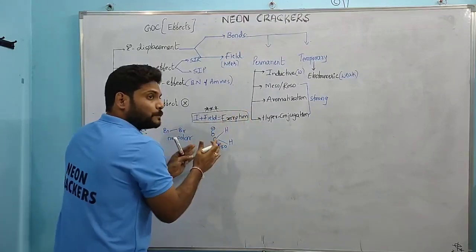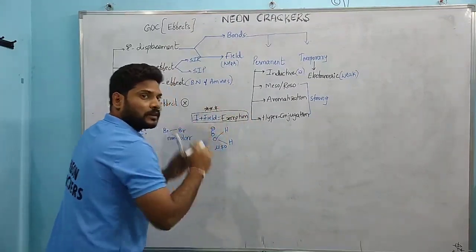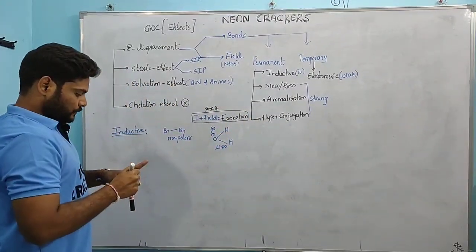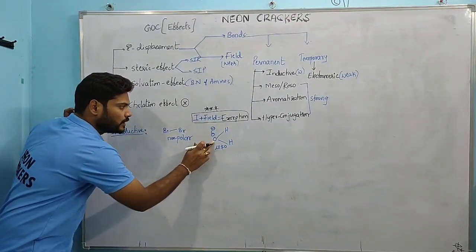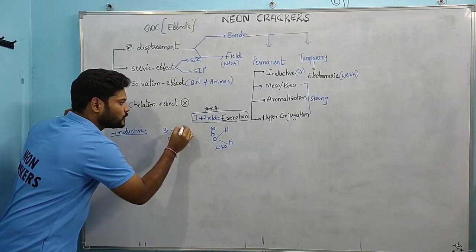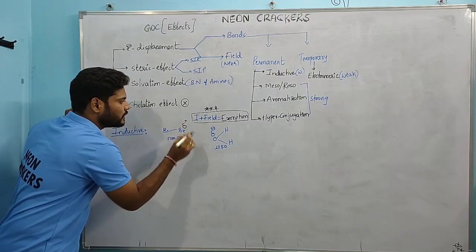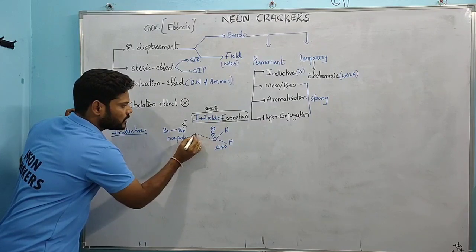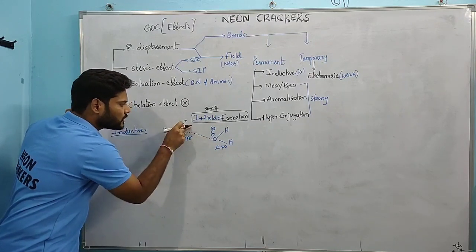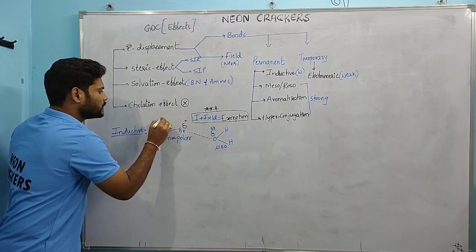But if we mix both of them, what will happen here? In the influence of this polar molecule, charge is generated, because here there is partial negative charge, so here partial positive charge is generated. So if it is partial positive charge, it becomes what here?